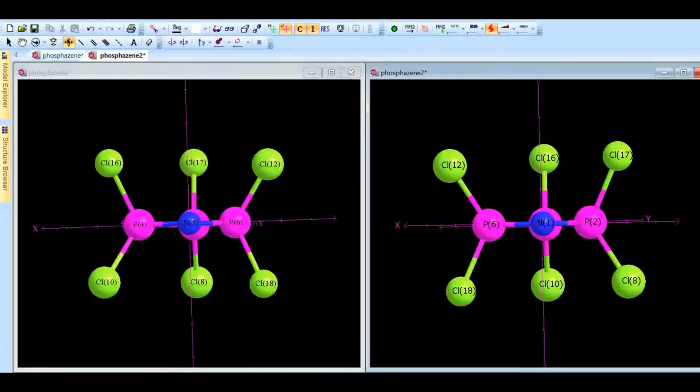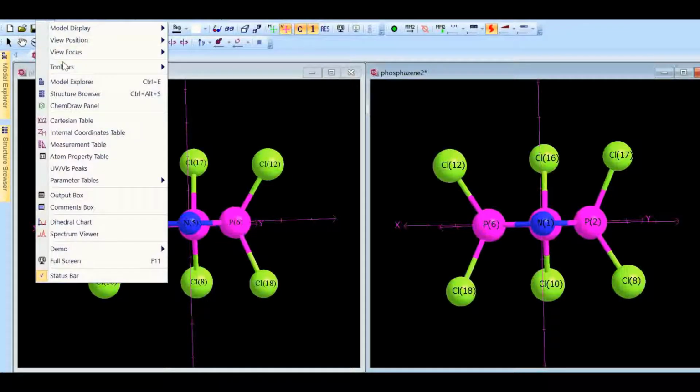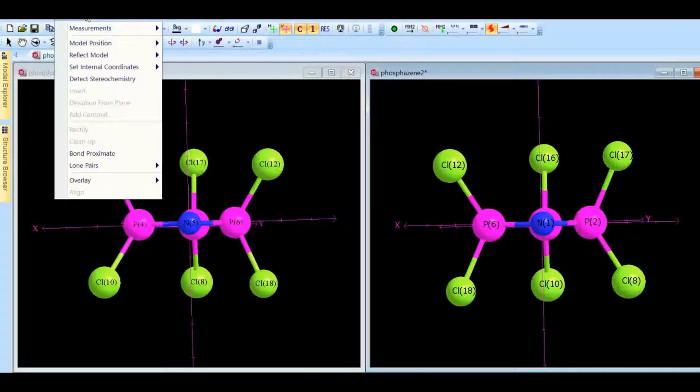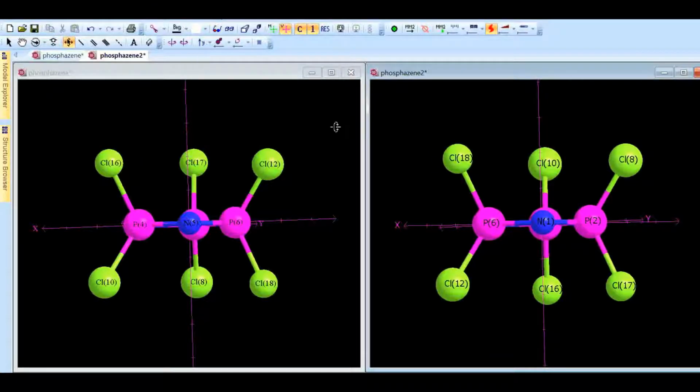So see, I am performing this. Here I am reflecting through the XY plane. So see, the positions are now interchanged. Even though the positions are interchanged, the appearance has remained the same. You can see again that the left hand side and the right hand side, both the pictures have the same appearance.